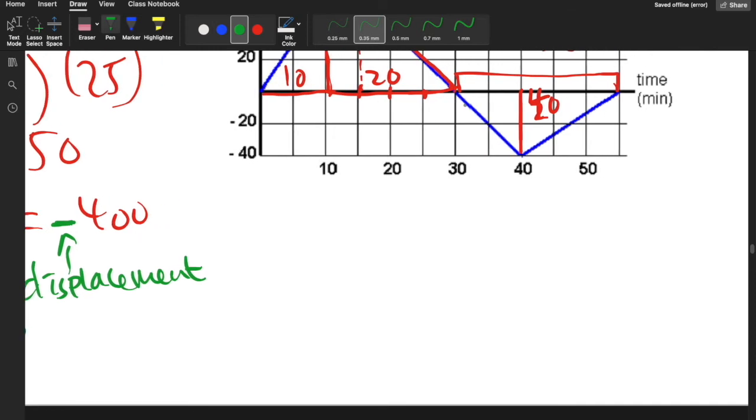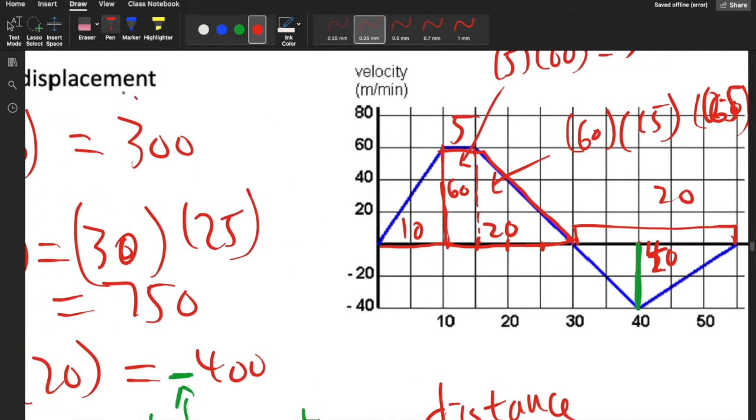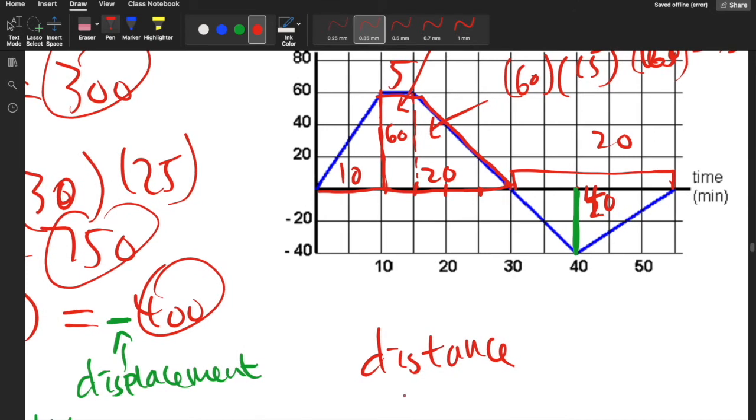Why? Because the change in velocity here will be negative. And then if you are calculating distance, you will just add all those three numbers together.